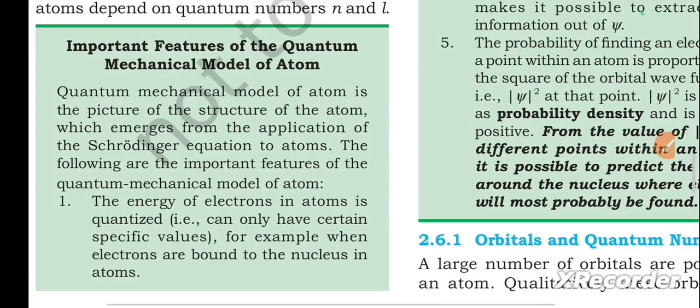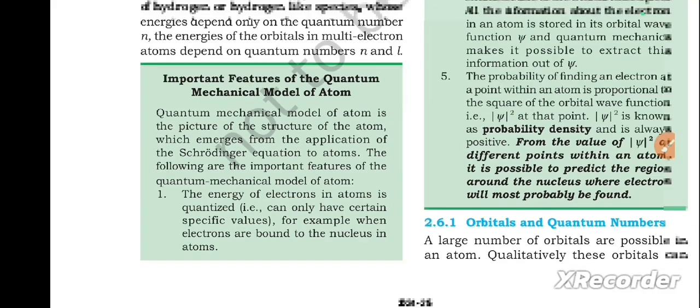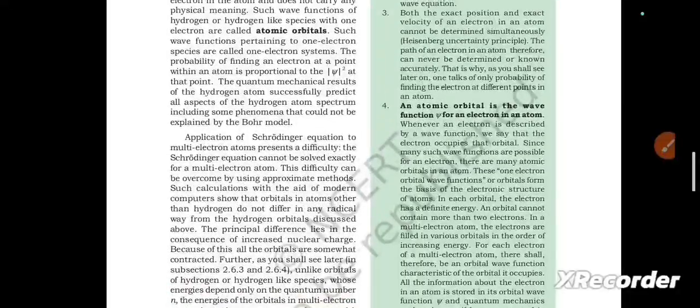The quantum mechanical model of the atom is a picture of the structure of the atom which emerges from the application of the Schrödinger equation to atoms. The following are the important features of the quantum mechanical model of the atom. First, the energy of electrons in atoms is quantized, that is, it can only have certain specific values, for example, when electrons are bound to the nucleus in atoms.